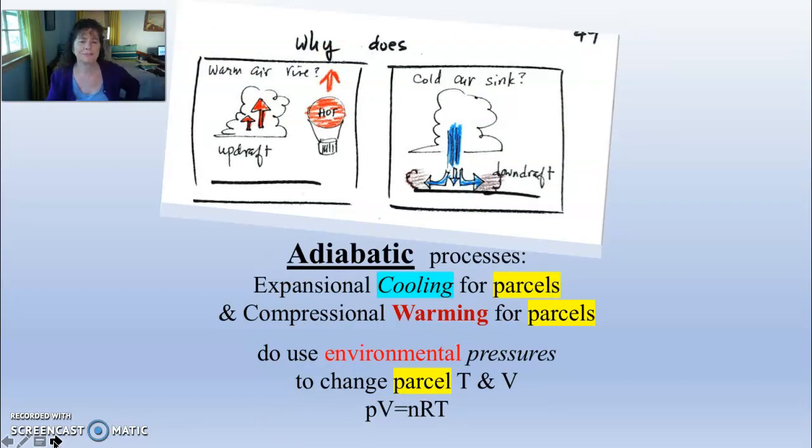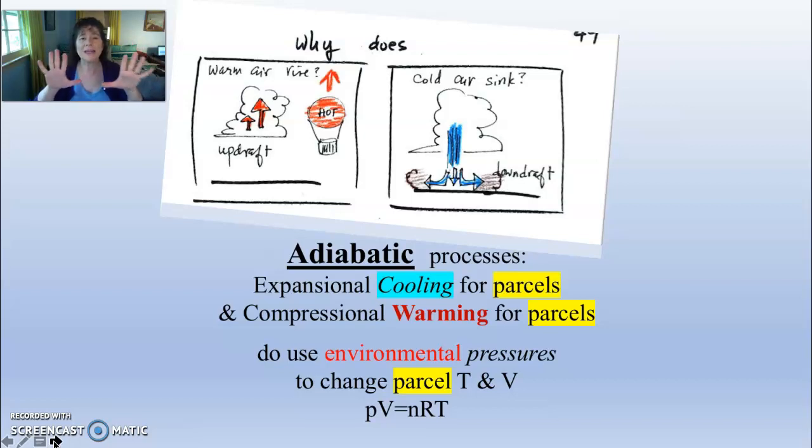And we talked about that when we talked about expansional cooling and compressional warming. Now, what does impact the parcel, just like we talked about in expansional cooling and compressional warming, is only the pressures from the outside environment. They impact the temperature inside the parcel, and they impact the volume of the parcel.